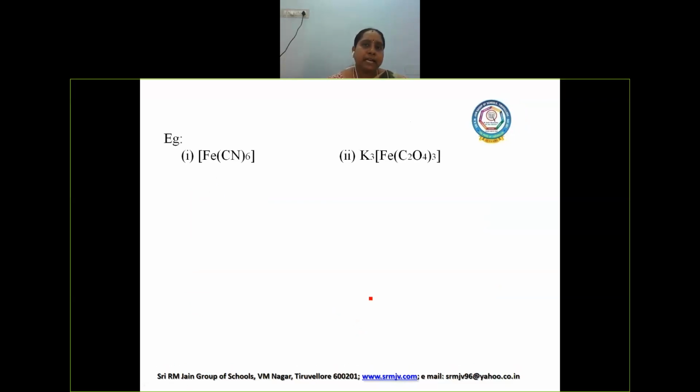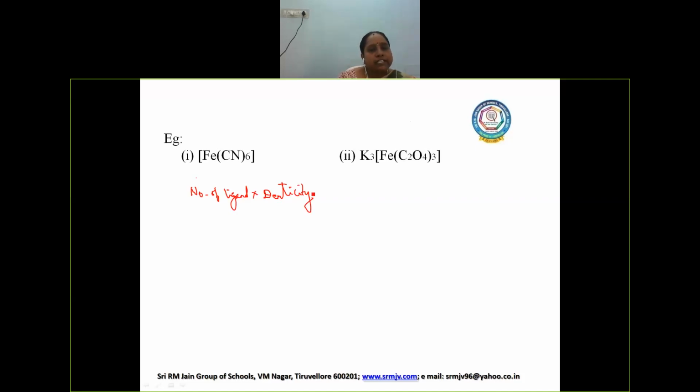And here we have some examples. Using that formula, let us find the coordination number of the central metal atom. In this complex, we have iron and cyanide. Iron is the central metal atom, whereas the ligand is cyanide. So using the formula, number of ligands into denticity, we are going to calculate.